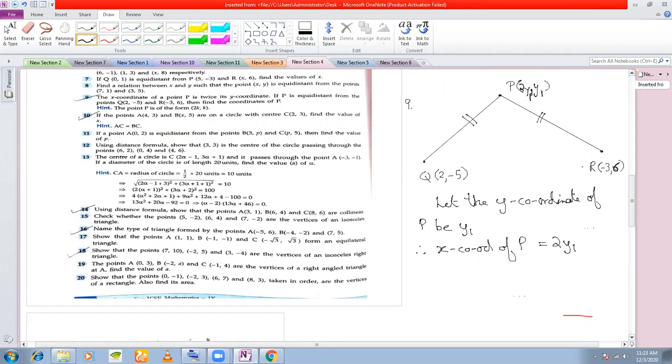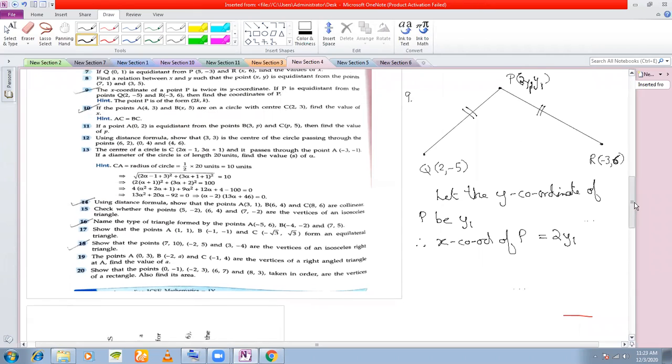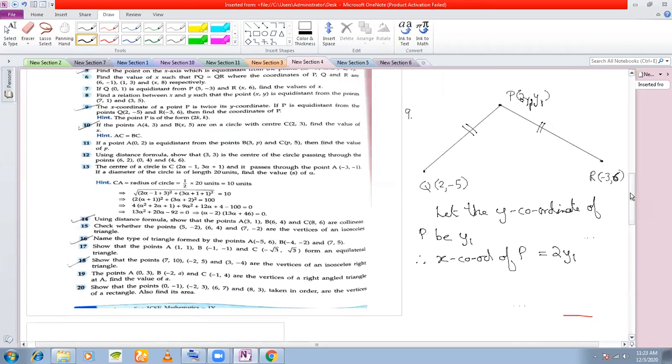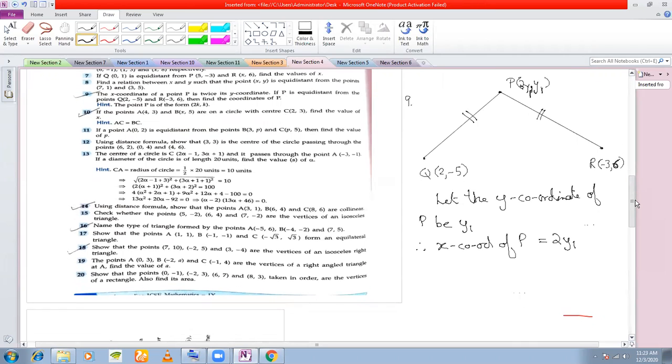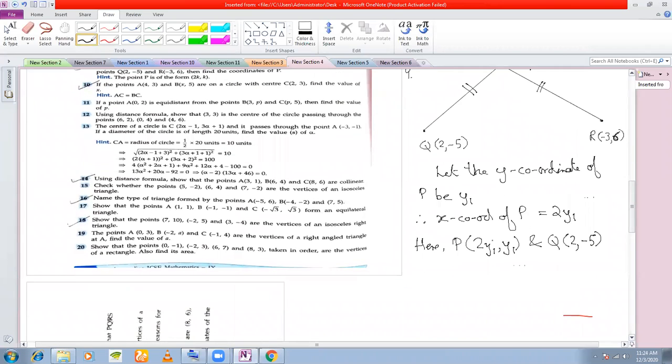And Q and R are 2 points such that PQ is equal to PR. That is, P is equidistant from Q and R. So the question is, find the coordinates of P. Once we have done this, let us find out the distances. Here, P is 2y1 comma y1, and Q is 2 comma minus 5. Let us take this as x1, y1, x2, y2.